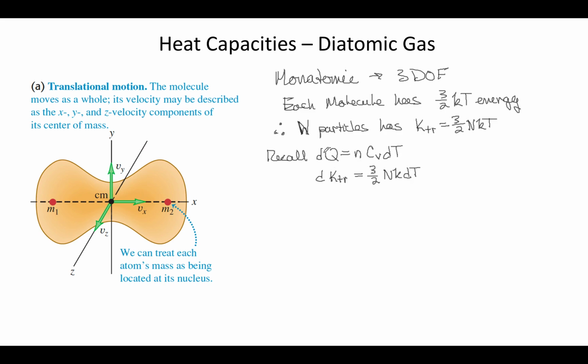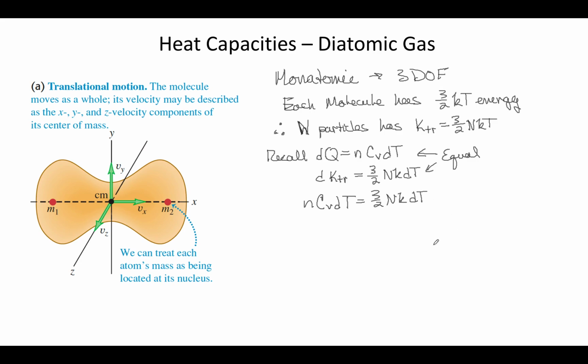But we know that dq equals dU. These are equal. nC_V, oops, the dT's go away. Oh, I'll leave them in. 3/2 NkdT.